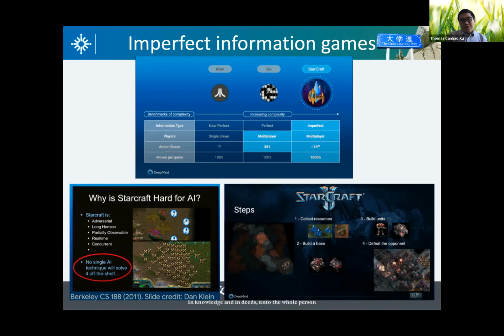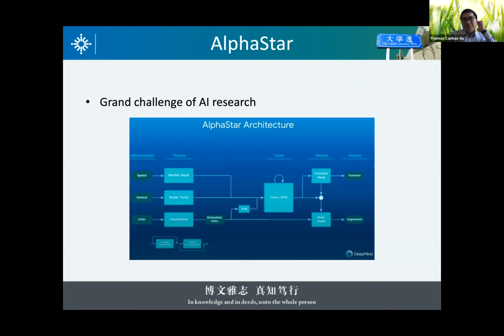Several years ago, some experts in artificial intelligence predicted that no AI could solve a problem like StarCraft. But as you know, a few years ago, DeepMind indeed solved the problem partially. They developed an AI called AlphaStar, and they defeated the best players in the world.